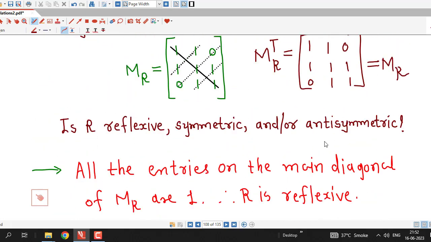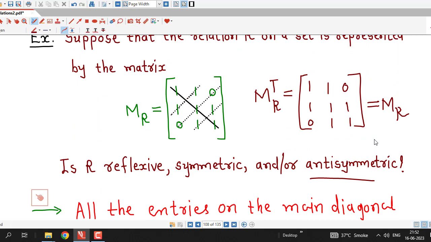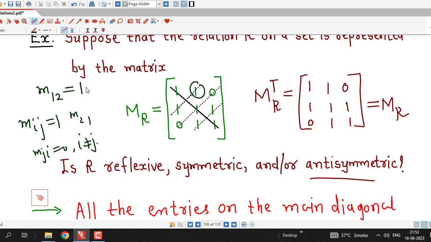And now I have to check whether the given relation is antisymmetric or not. For antisymmetric, we have to check that if the ijth entry is 1, then the jith entry must be 0 whenever i and j are different. For example, I consider these two entries, m12 and m21. m12 means first row and second column, and here we obtain 1.